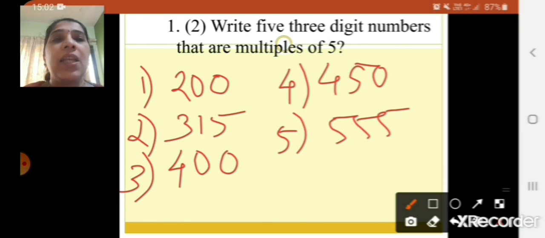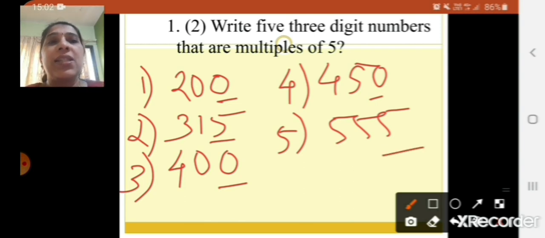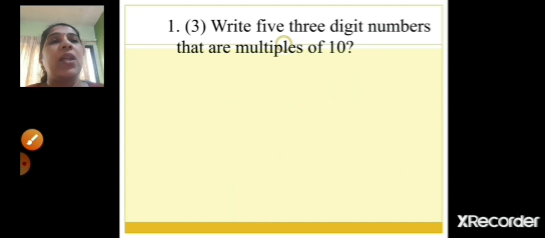Now if you can see in all the 5 numbers, children, first number 0 is in the units place, 5 is in the units place, 0 in the units place, 0 in the units place and 5 in the units place. So just remember this thing, right? So these are your 5 3-digit numbers that are multiples of 5. Now let's move to the next one.